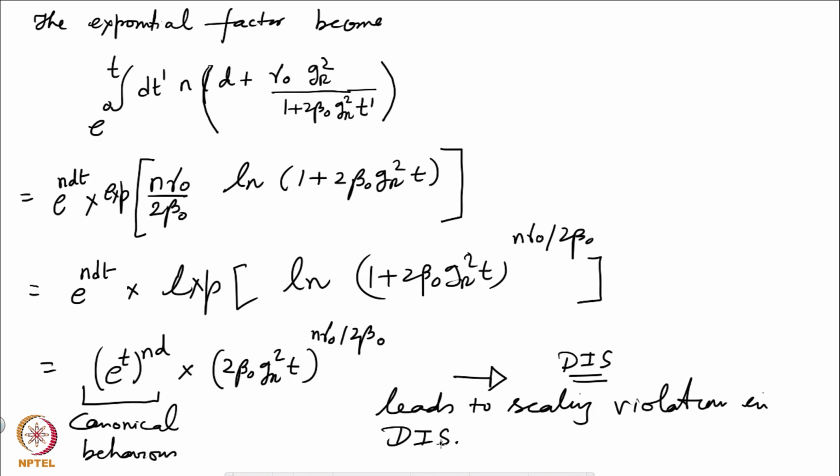Okay, they will just scale canonically according to the dimension of that object, that is n times the dimension of each of the fields. Okay, that is what you will get.